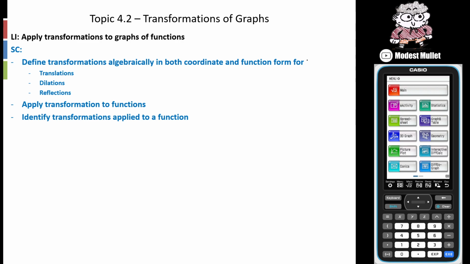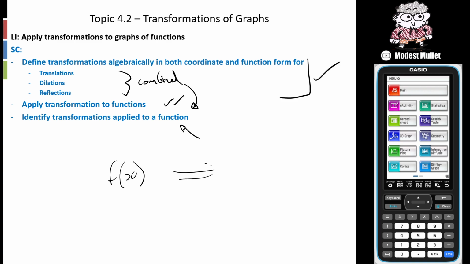Part 1, we did this, tick, and we did some of this. We have since come back now, part 2, and combined these and applied, and we have also identified transformations applied to a function when we're told f of x, and it's gone into some g of x, and we've figured out what is there.